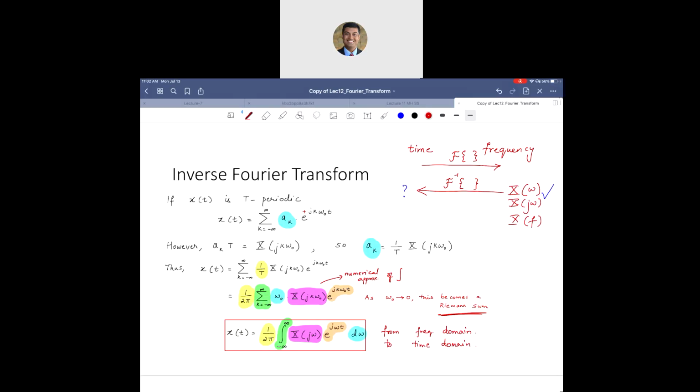When you are evaluating Fourier transform, you are going from time to frequency domain. When you are evaluating inverse Fourier transform, you are going from frequency domain to time domain. Now, depending on the application, you might need to go one way or the other. Note, the time and frequency domains will always be in the form of pairs. So you will call them Fourier transform pairs.